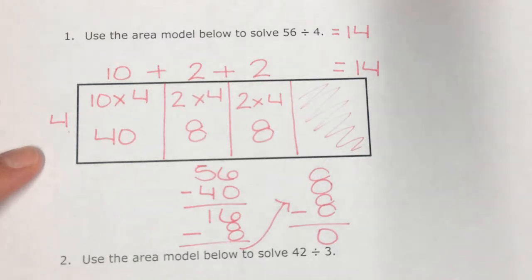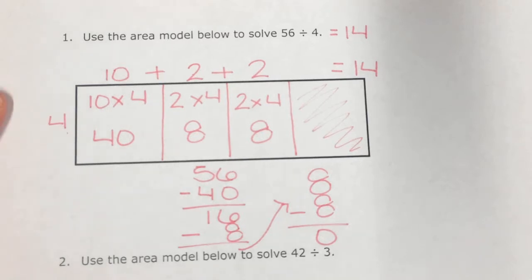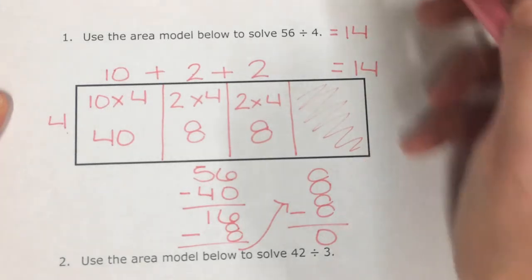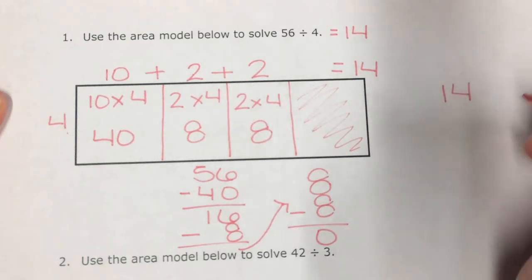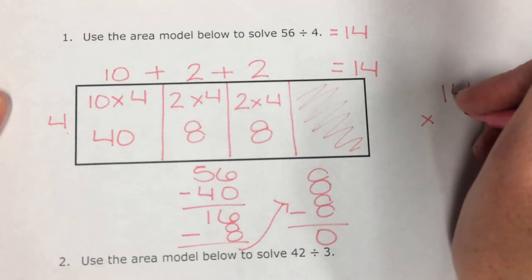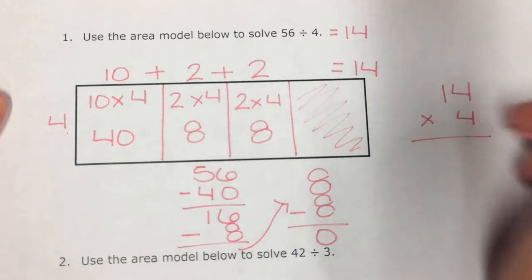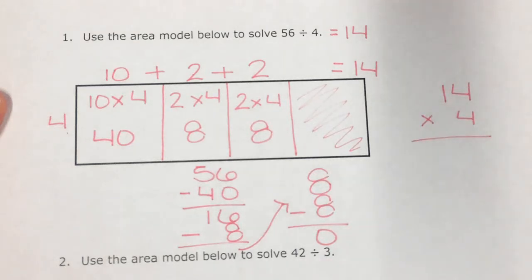To check myself, because I should always be able to check myself, I can multiply. If I take my 14, which was my quotient, and I multiply it times my 4, I should be able to get 56.